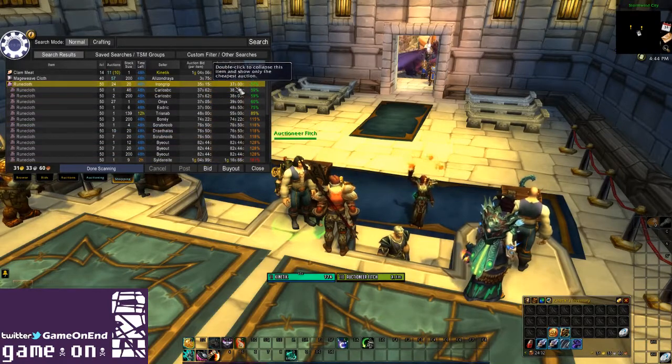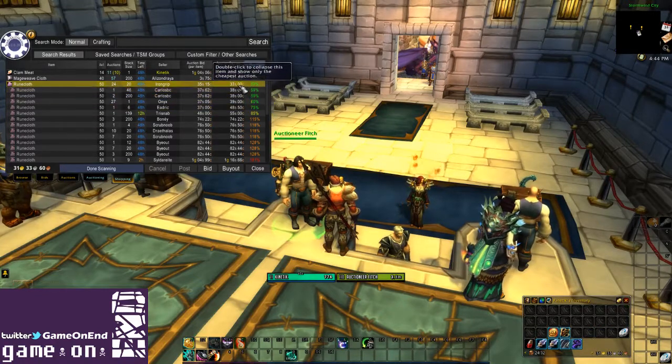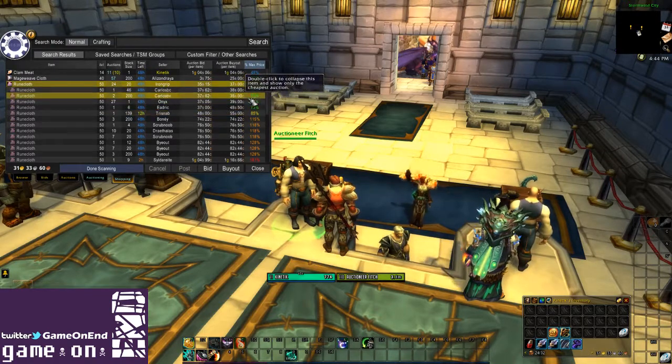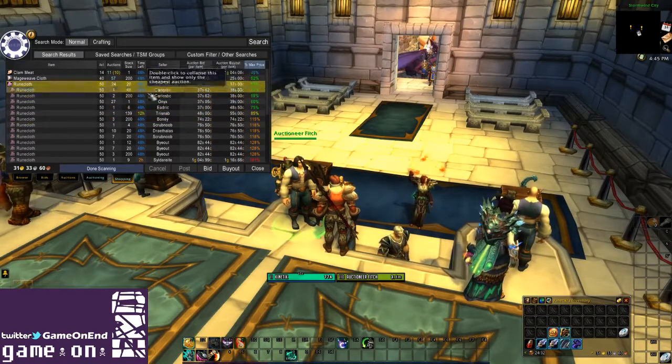Now, when you're flipping, typically what people do is look at these items and look for breaks in the price, because if you cut it too close, there won't really be any room for profit.